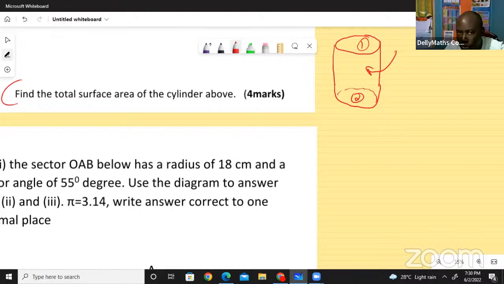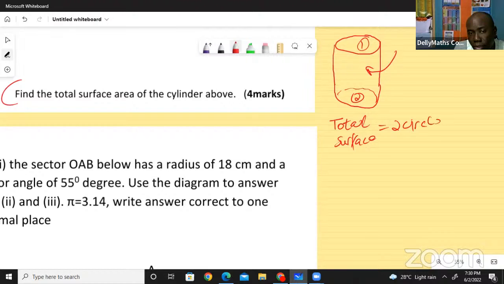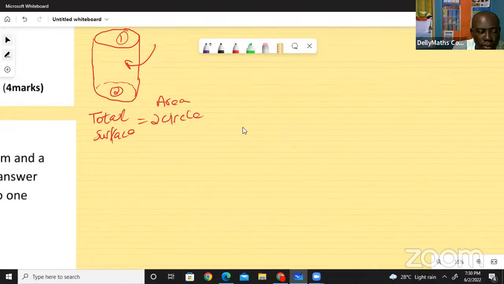So I want you to understand how that works. If you want to find the total surface area, it's going to be the area of 2 circles. Total surface area. Let me push that over there.